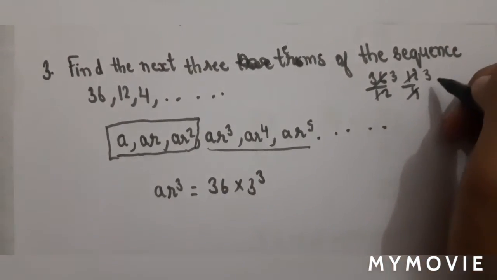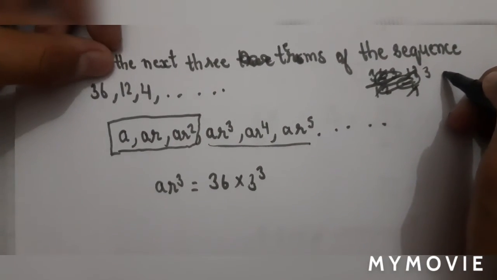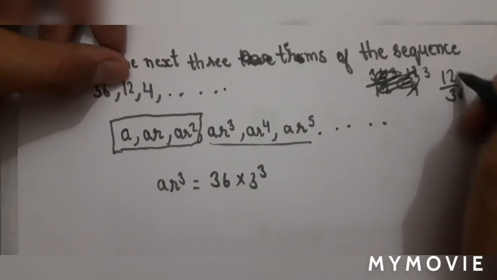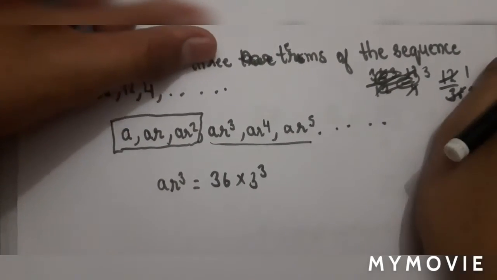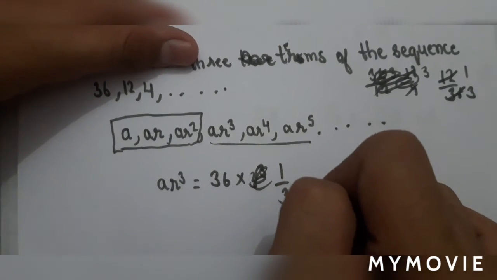Sorry friends, here there is a mistake. Our common ratio is 12 divided by 36, so you will get 1 by 3. So this is 1 by 3, to the power of 3.